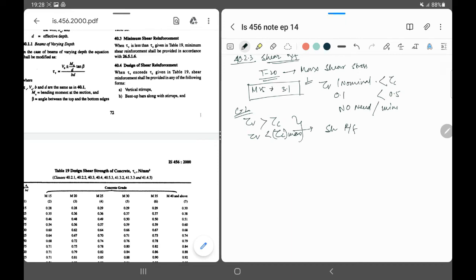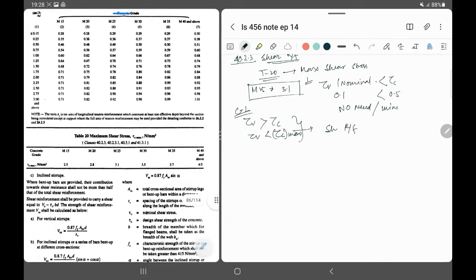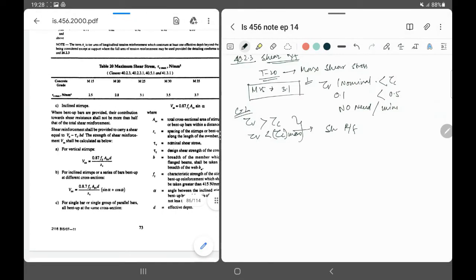That is given in 40.4, and that equation is Vu equal to 0.87 Fy Asv d by Sv, for effective depth d. Asv means area of stirrup. Sv means spacing between stirrups.